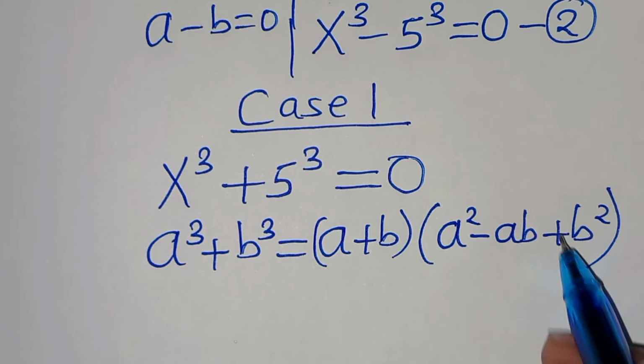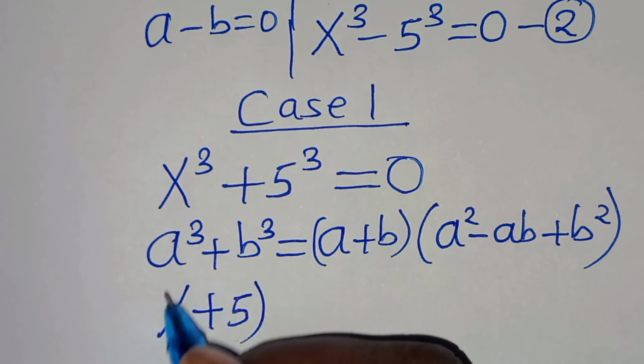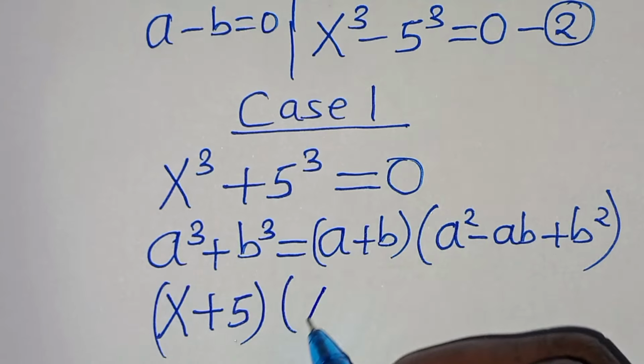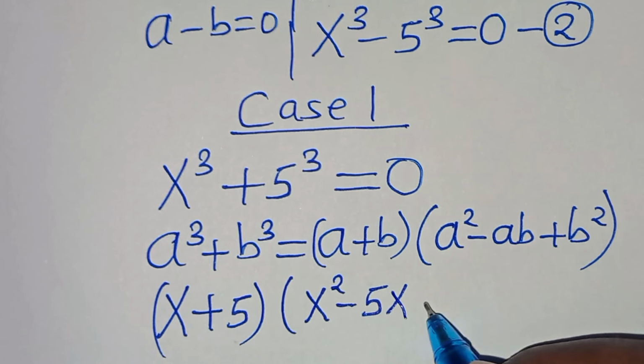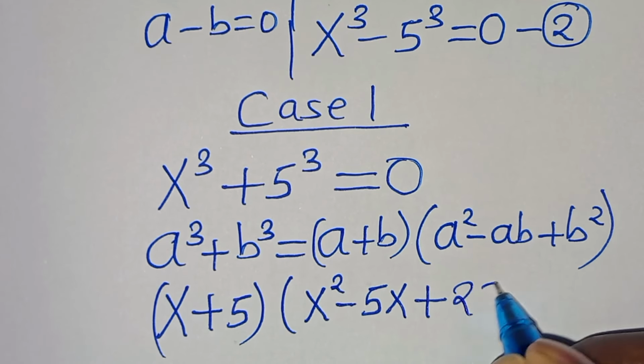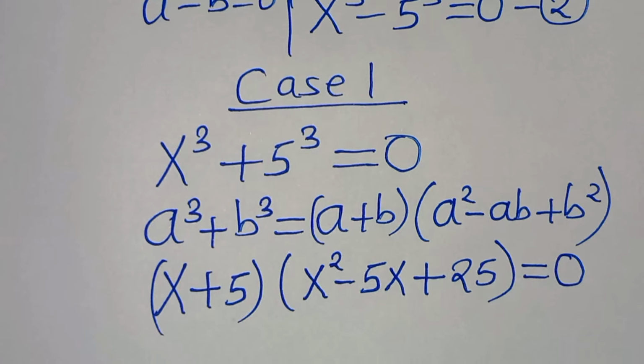Applying this identity, we have x plus 5 into the parentheses x to the power of 2, subtract 5x, then plus 5 squared, which is 25, equal to 0.